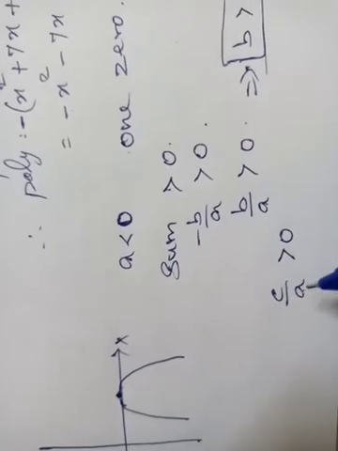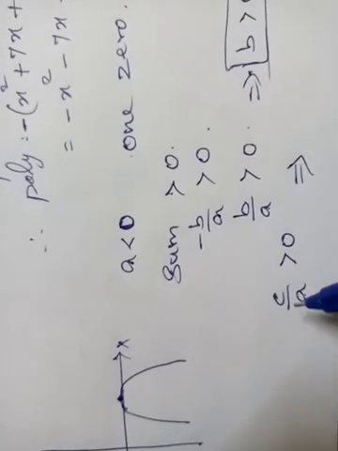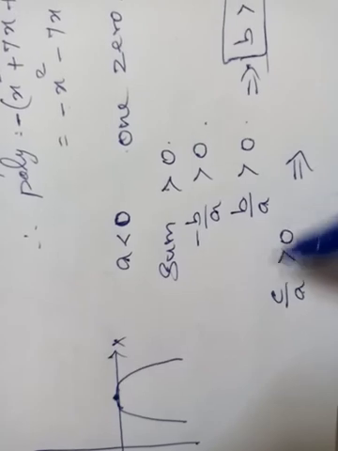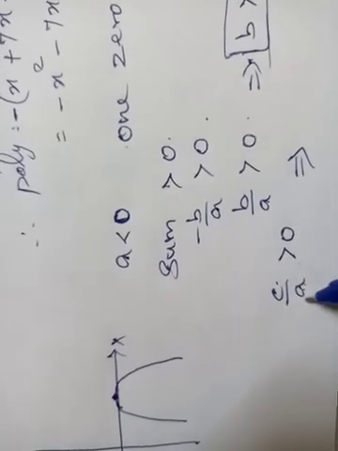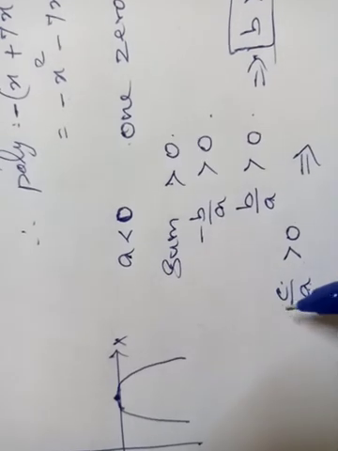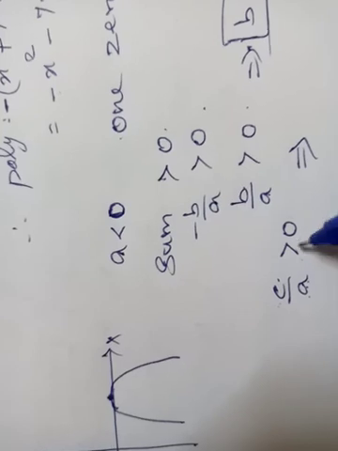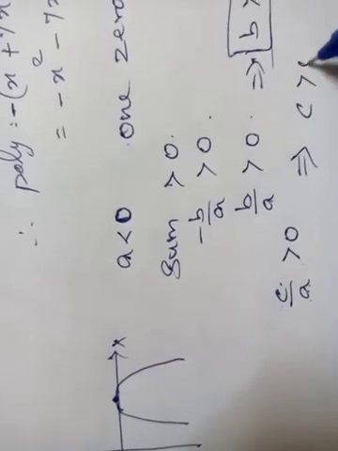So the numerator also has to be negative, then only we will get both positive. c by a greater than 0 means the denominator is negative, therefore the numerator also gets a negative sign, then negative and negative get cancelled and we get a positive number. Therefore c is also greater than 0.